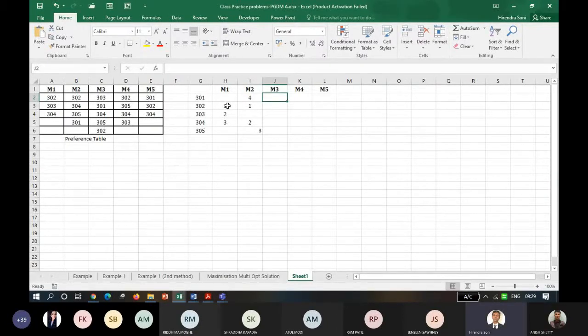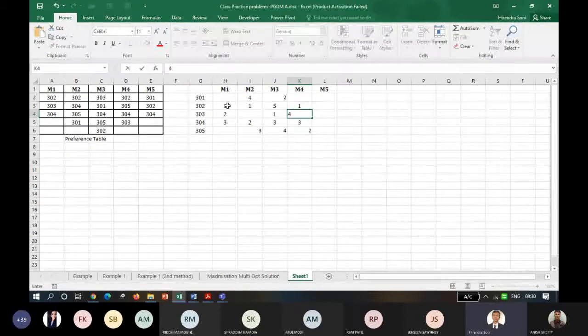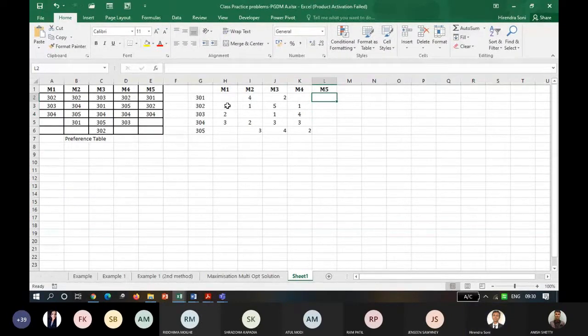What about M3? 303 is first, 301 is second, 304 is third, 305 is fourth, and 302 is fifth. M4, 302, 1, 305, second, 304, third, then 303, fourth. 301, first, 302, second, 304, third.